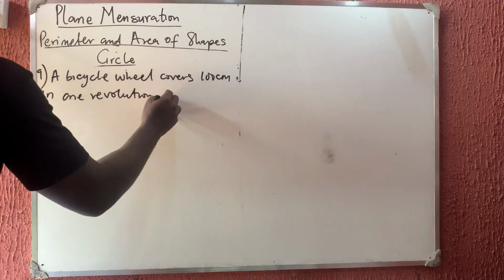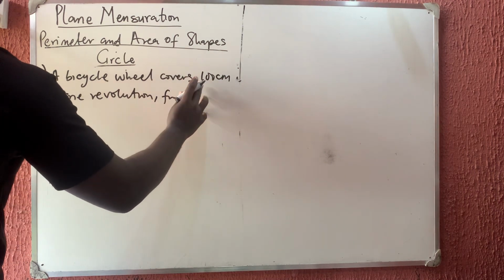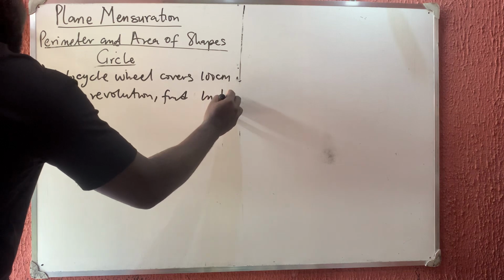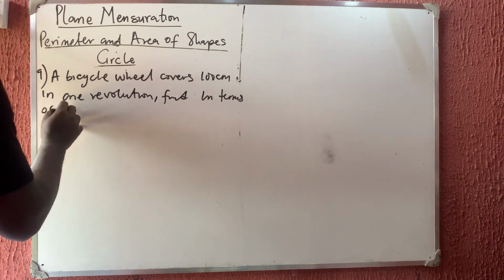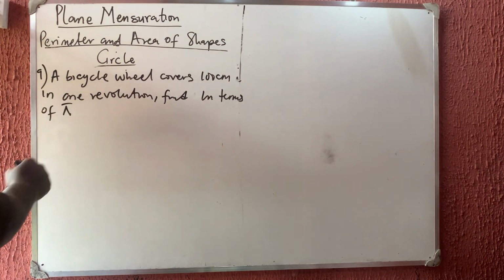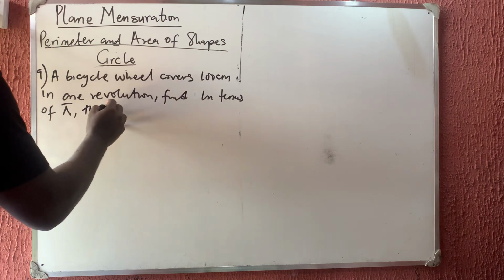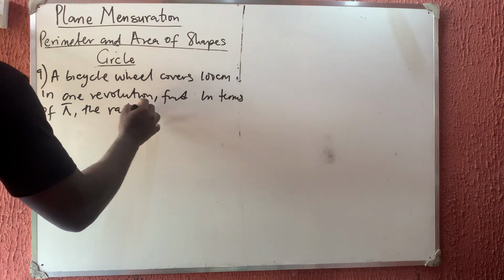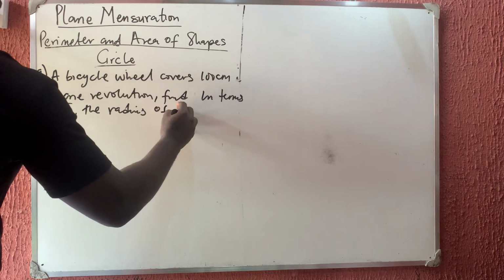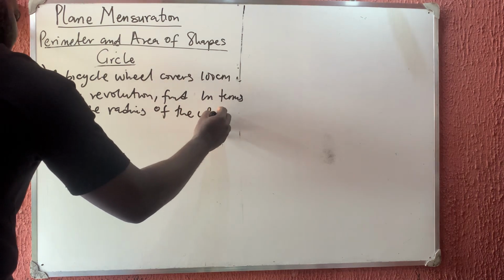Then I say, find, in terms of pi, the radius of the wheel.